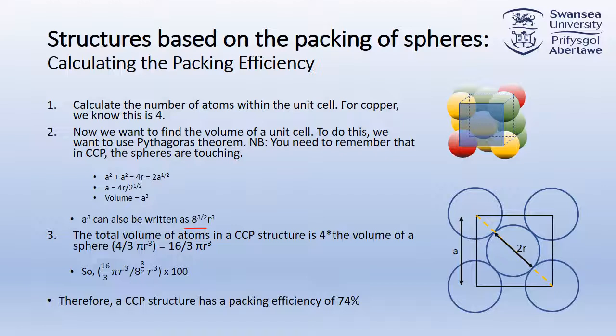Okay, so that gives us 16/3 times pi r cubed. So we can write our equation down here that we're basically just ratioing those two volumes. Okay, so we can calculate that the packing efficiency of a cubic close packing structure is 74%.